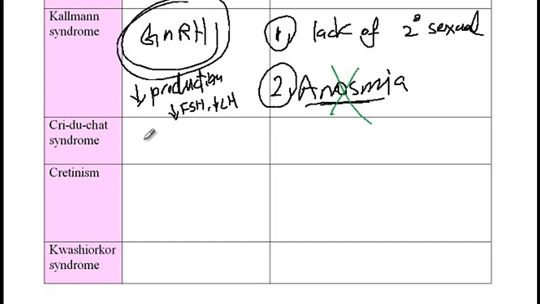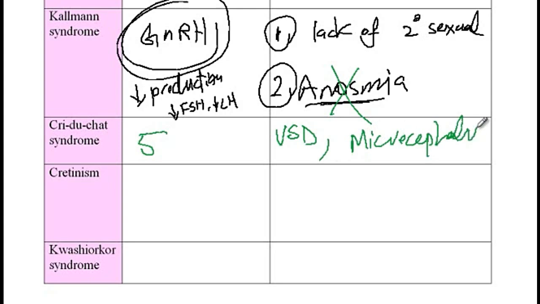The next condition is Cri-du-chat syndrome, which is due to the microdeletions on chromosome 5. And these patients usually present with ventricular septal defect, microcephaly, and a high-pitched cry that resembles the sound of a cat. So cat-like cry.